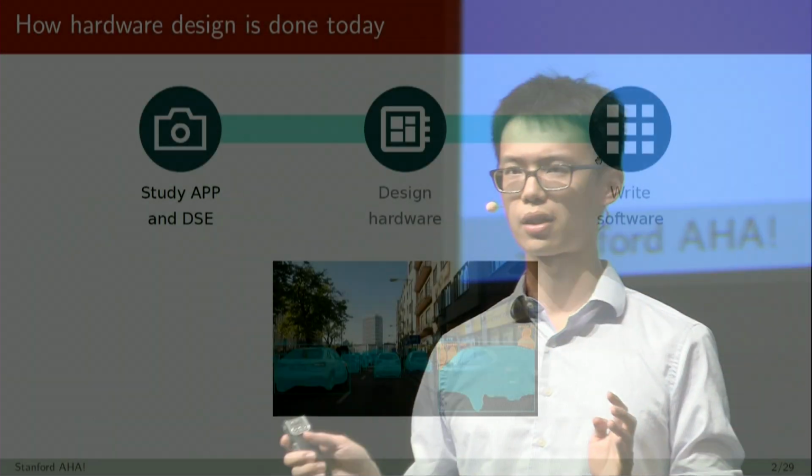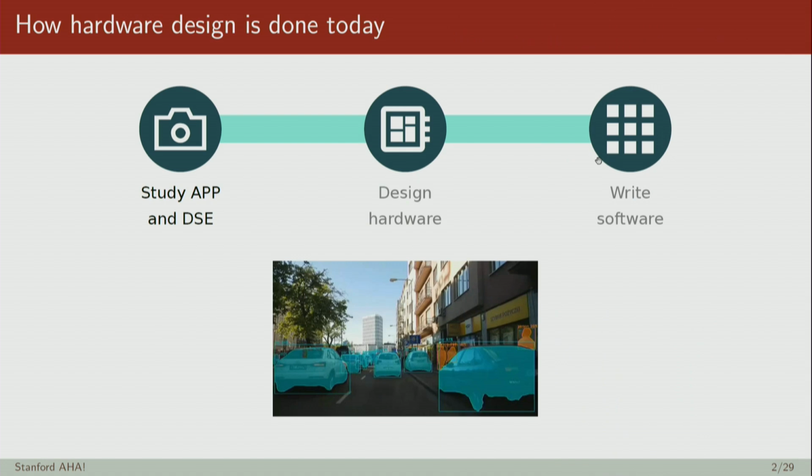Hello, my name is Keyi, and I'm a member of Stanford AHA Agile Hardware Center. Today, I'm going to present our research on creating an agile hardware flow. Let's briefly review how hardware design, especially hardware accelerator design, is being done today. First, the designers usually start with a set of applications and try to figure out what kind of computation flow can be accelerated.